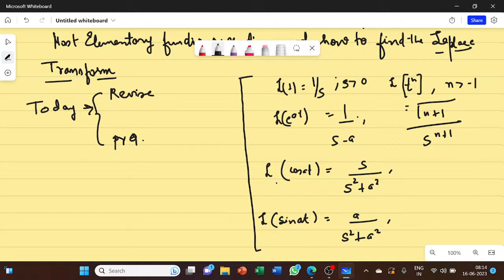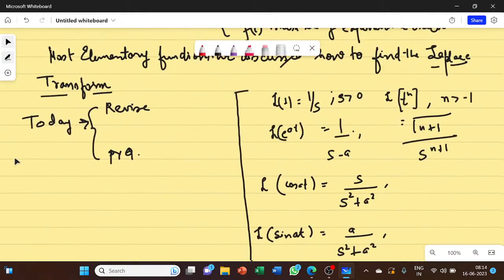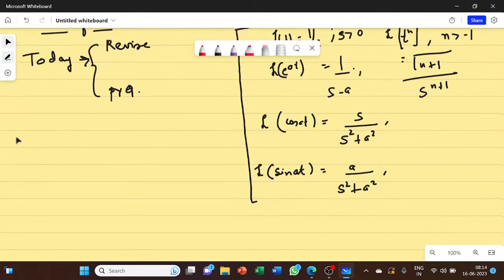So these are the Laplace transforms of elementary functions. Now today's task, as I told you, is to revise the subject and again do some PYQs. Another thing that we have done, we've also found how to find the Laplace transform of the unit step function.